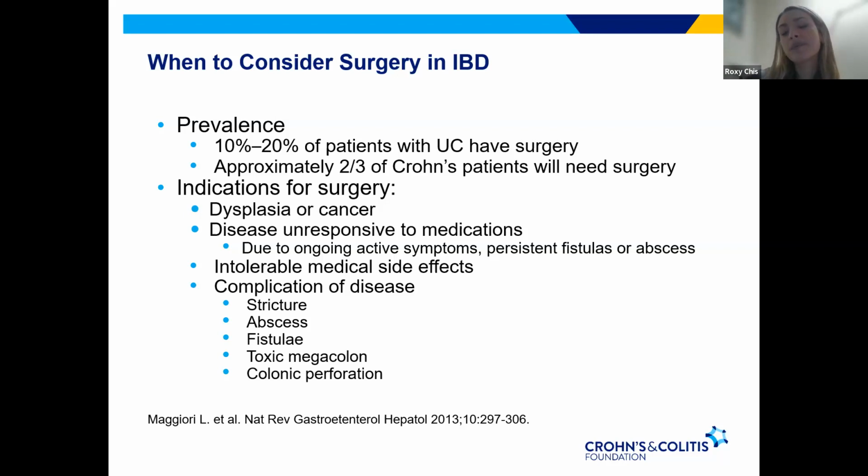So it's not an all or nothing right now, and we do have better outcomes for patients. Active disease despite treatment, not being able to tolerate medications for their disease, and complications, as I mentioned previously, are all indications for surgery. So it's very good to have a friendly surgeon nearby.